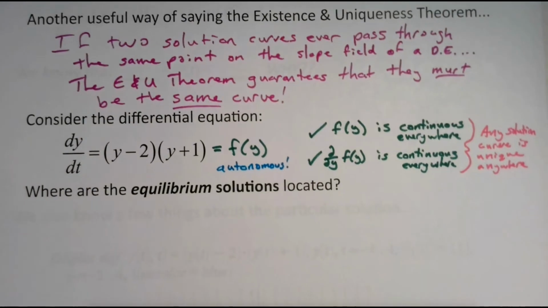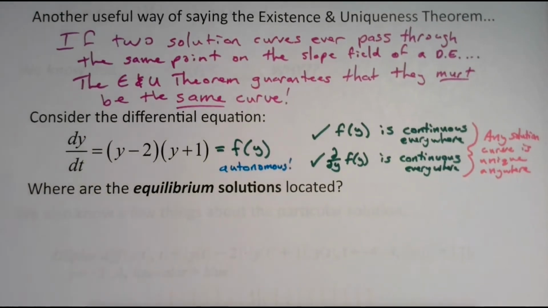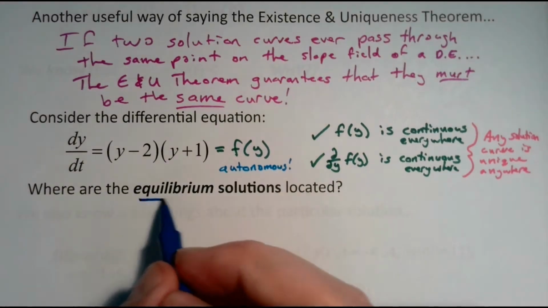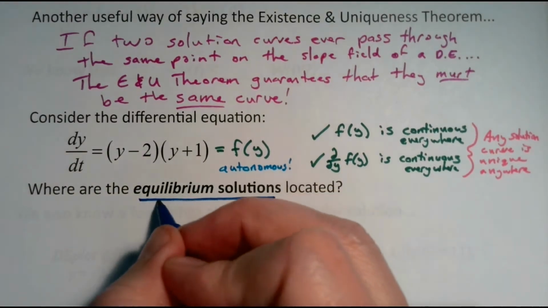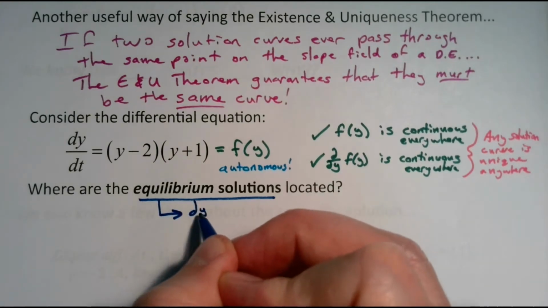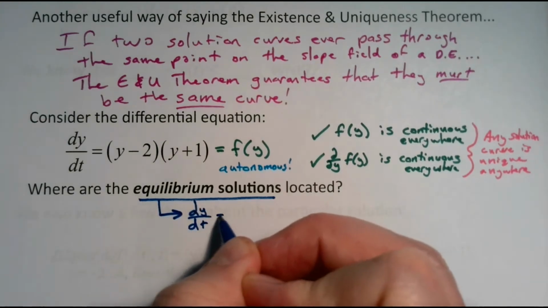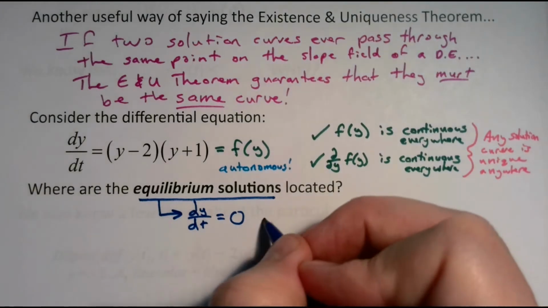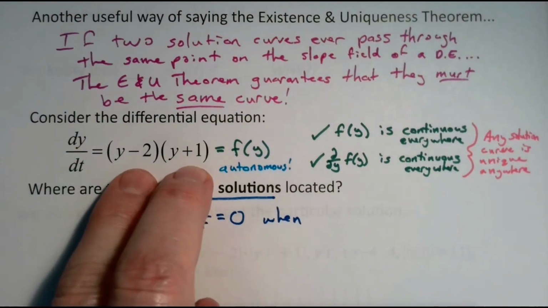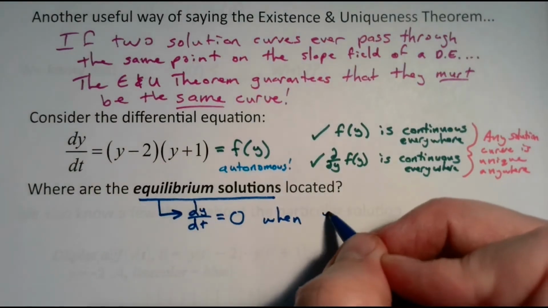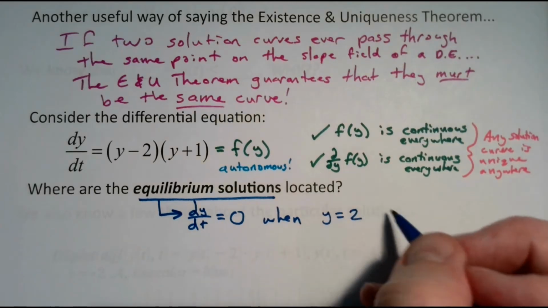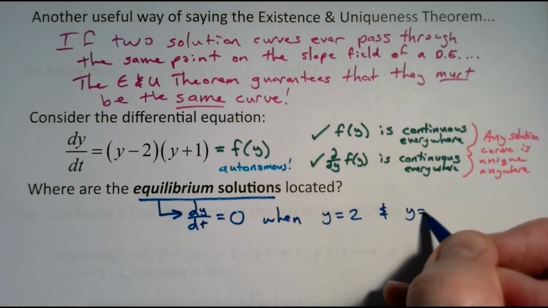So the next thing we remind ourselves of is, what about the equilibrium solutions? What does it mean to be an equilibrium solution? Equilibrium solutions, if you remember, are where the derivative dy/dt is equal to 0. That happens, and it's conveniently pre-factored for us, when y equals 2 and when y equals -1.